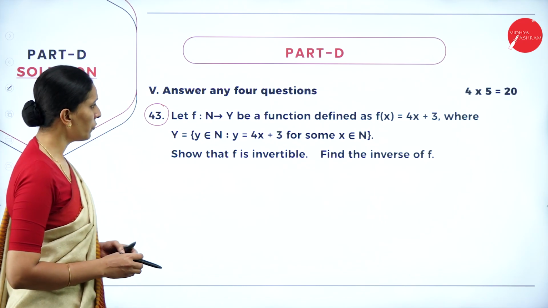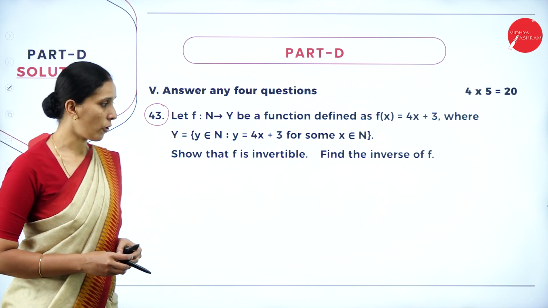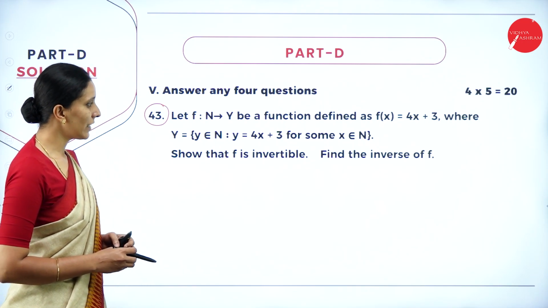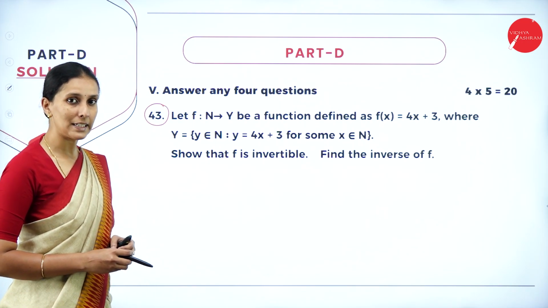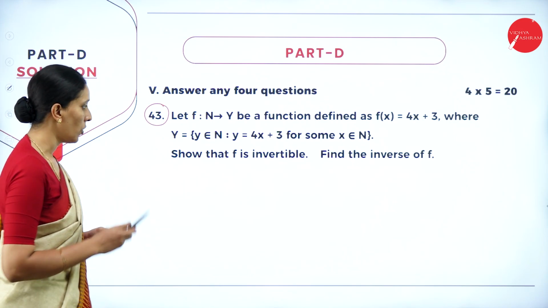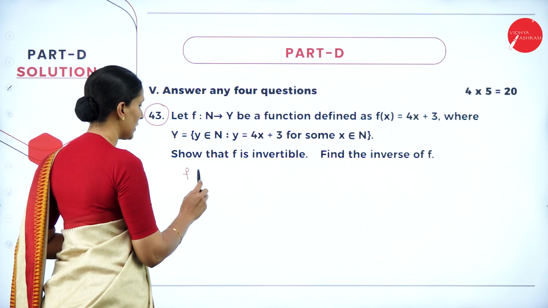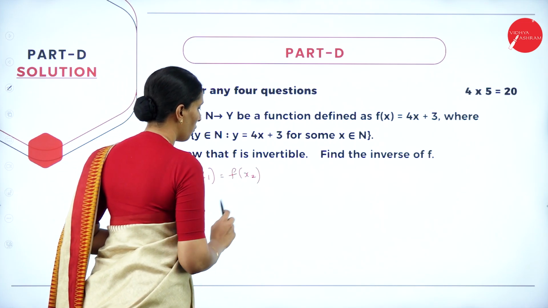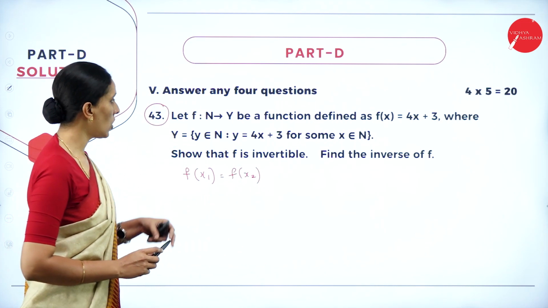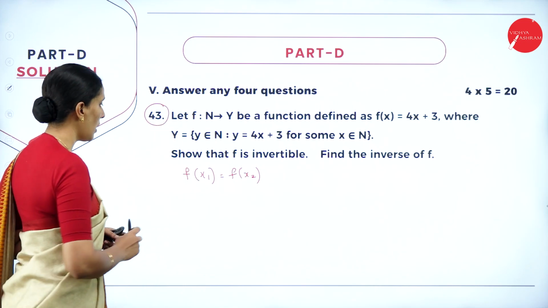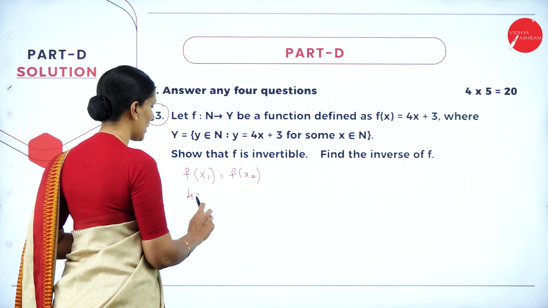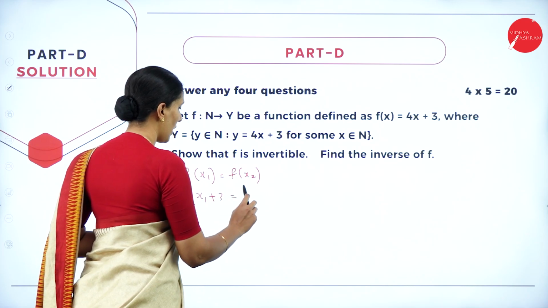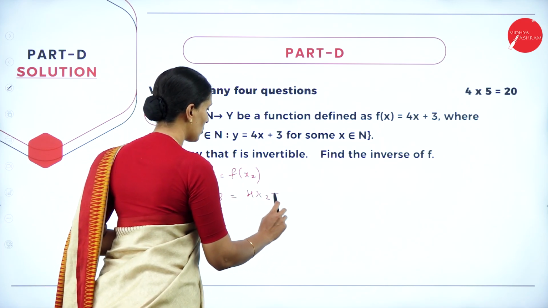So now I am proving this result with the help of the bijective property. To show that the given function is bijective, first let us prove that it is one-one and onto. To prove one-one, we'll consider f of x1 is equal to f of x2 for x1, x2 belongs to set N. Now here, f of x1 is nothing but 4x1 plus 3, f of x2 is nothing but 4x2 plus 3.